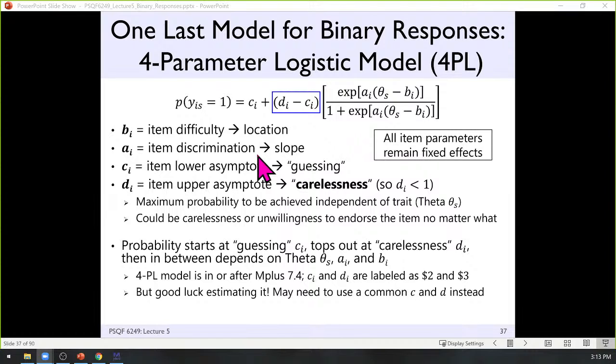That's it. And it figures out how many categories you have and estimates the right version of the model. Now, if you want to have C's and D's, that's a few more lines of code relative to the factor model. But if you just want to do a regular factor model type thing where each item gets a loading and a location type thing, just like we did for CFA, that's one more line of code.